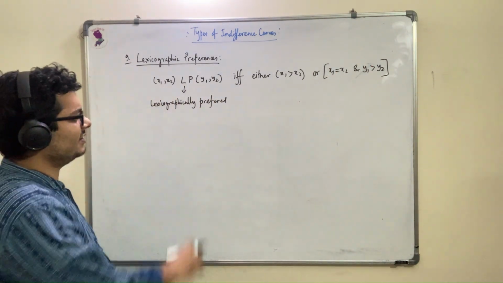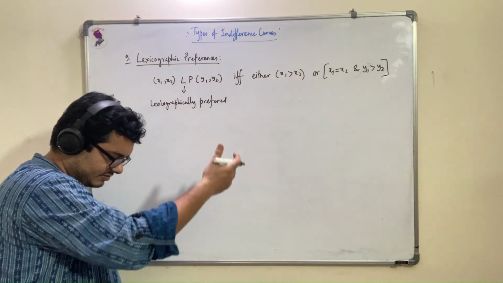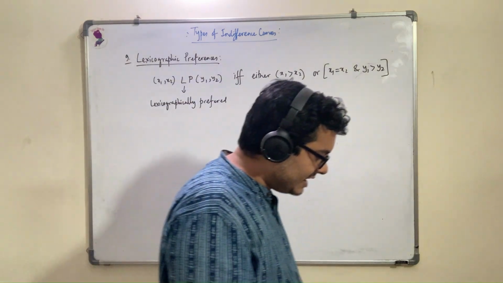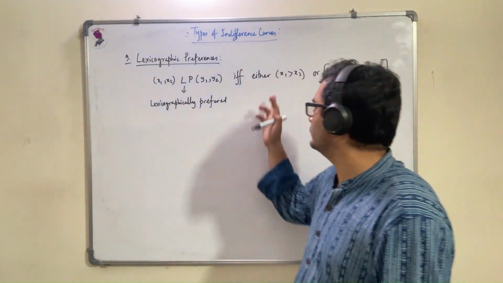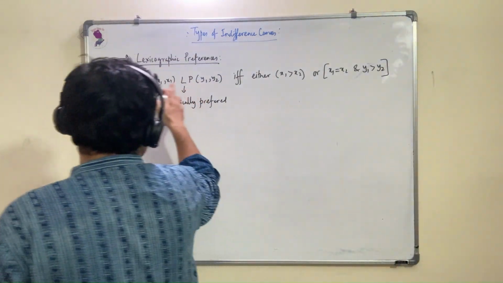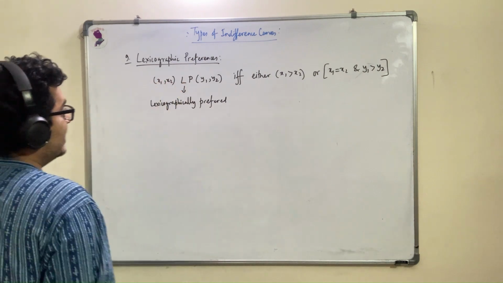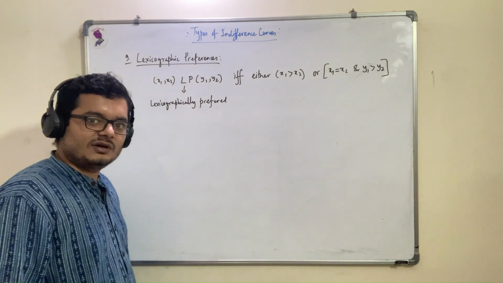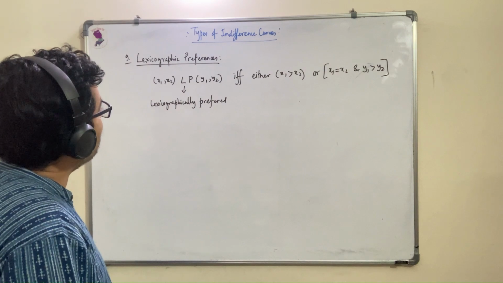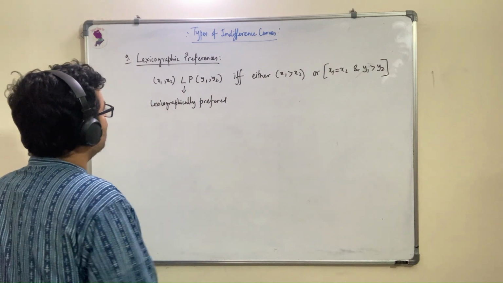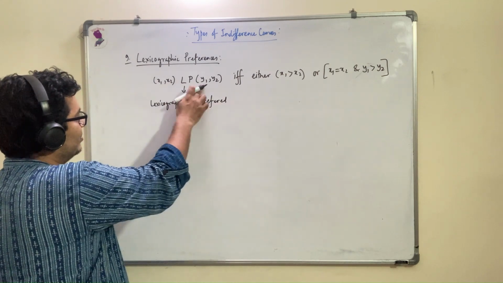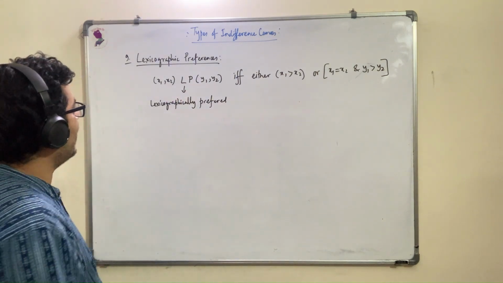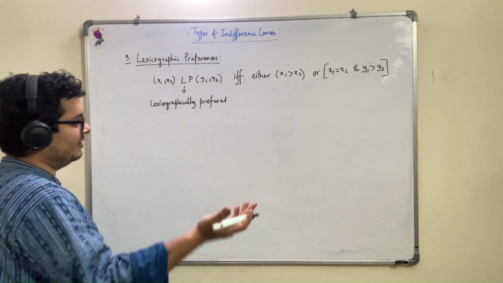Remember that this is not the only structure. What I am trying to say by this is that here we have made a choice that the consumer will first look for good one. There can be a lexicographic preference where the consumer will first go for commodity 2 and compare, and then go to good one and compare. Okay, so that is also lexicographic.